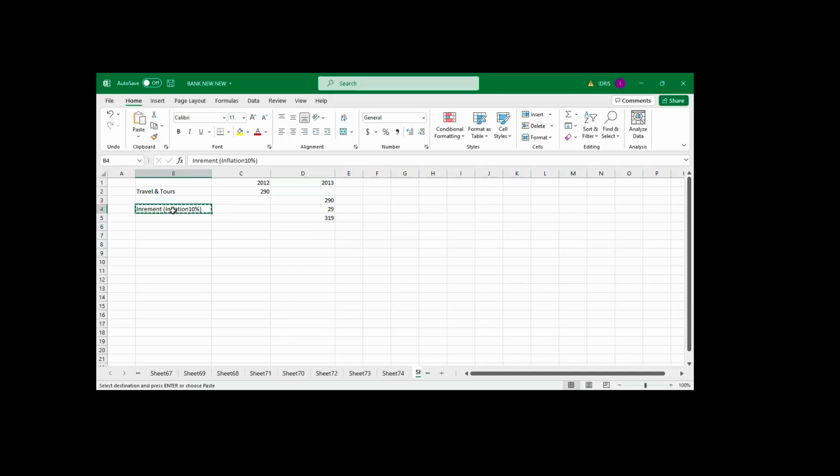The second increment that will make the 2013 budget increase is what? Level of activities. I've seen it. Okay, you have seen it. So how much is the increment of level of activities? It's 15% in note 2. Now we will say 15% of 319.